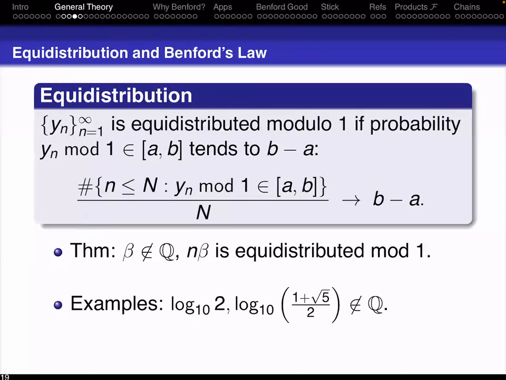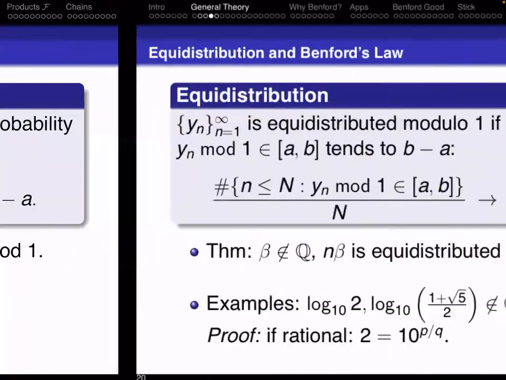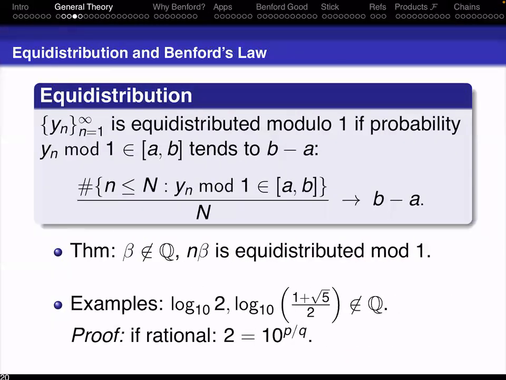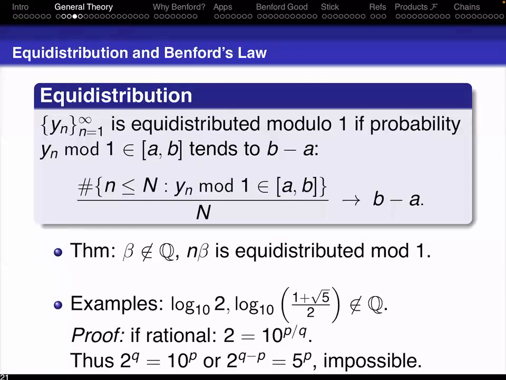As an example, the log of 2 base 10 or the log of 1 plus root 5 over 2 are irrational numbers. Just to give a proof, let's prove that the log of 2 base 10 is irrational. If it was rational, then I could write this as p over q for some integers. So 2 equals 10 to the p over q. Well, 10 is just 2 times 5.